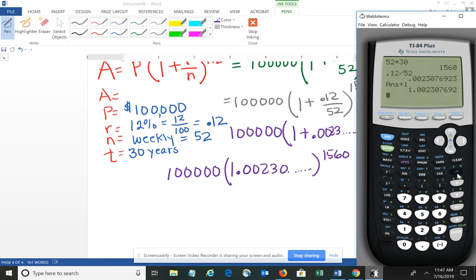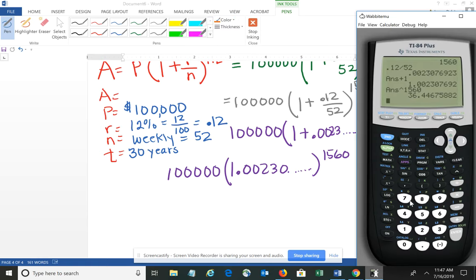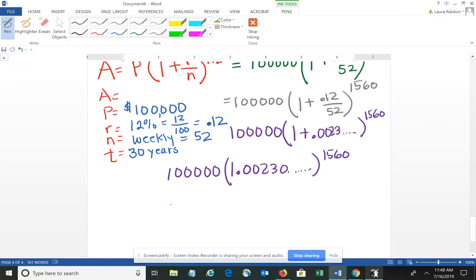Then we have to raise the answer to the 1,560th power. Okay, and when I do that, we have 36.44. So we're going to have 100,000 times 36.44.